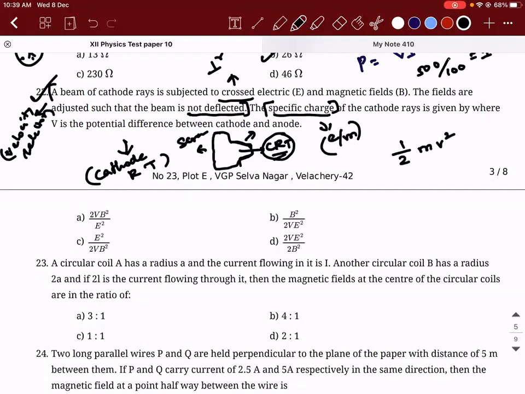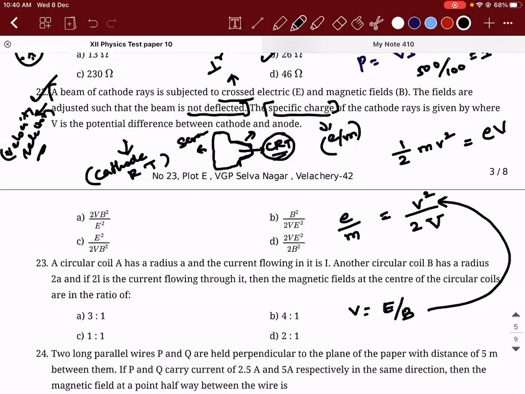It is getting kinetic energy due to the work done by the potential difference, e into V. So e by m is equal to v square divided by 2 into capital V. But you want the answer in terms of capital B. Capital V is in the denominator for B and C. But what is small v? I told you it is a velocity selector concept also. For a velocity selector, when you have crossed electric and magnetic fields, v will be equal to capital E divided by B. Take it and substitute it in the numerator. So E square divided by 2 times capital V into B square is the answer. This is the answer.